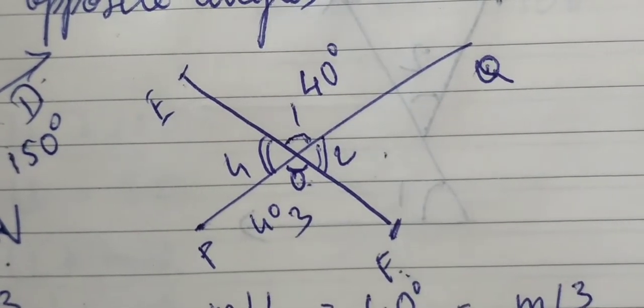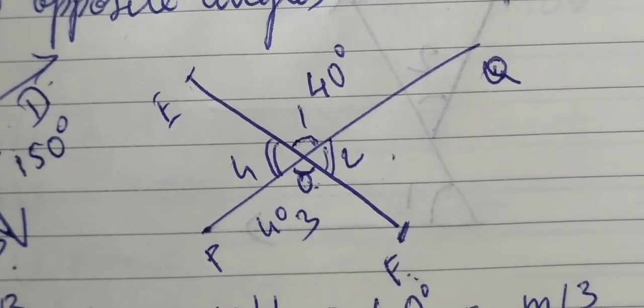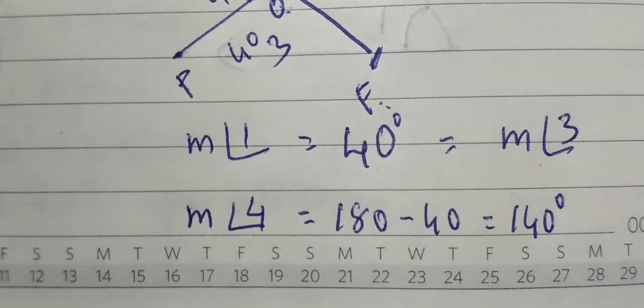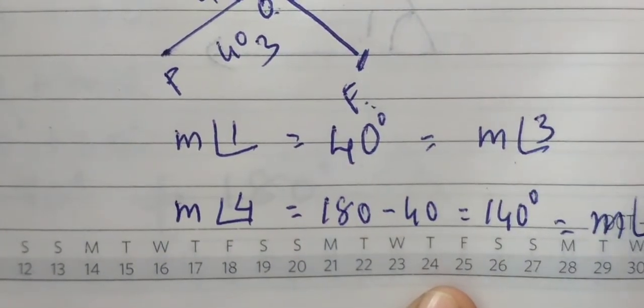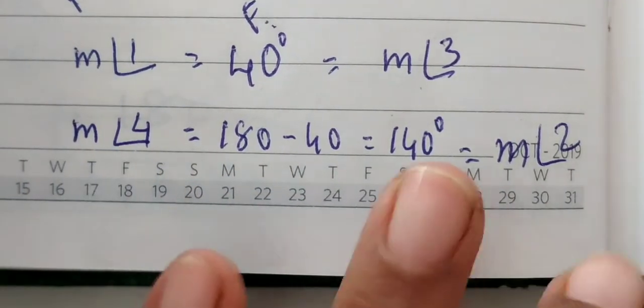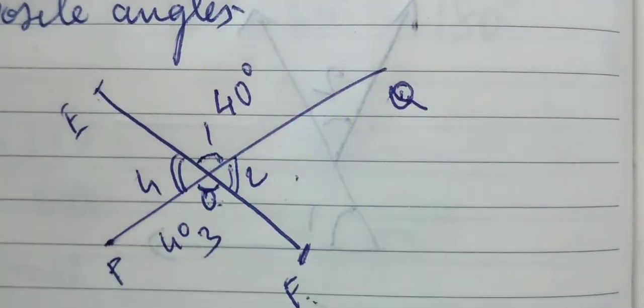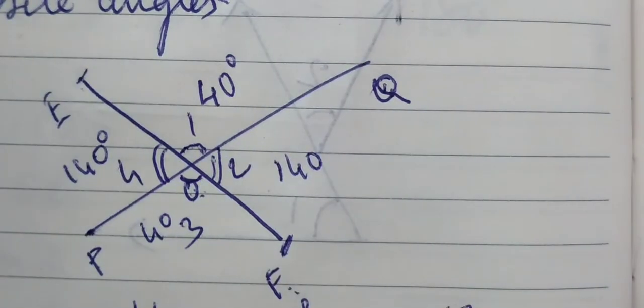180 minus 40 gives you 140 degrees. वो मेजर एंगल 4 हुआ तो वो मेजर एंगल 2 भी हुआ. Okay, because angle 4 and angle 2 are vertically opposite angles. So this will be 140 and this is also going to be 140.